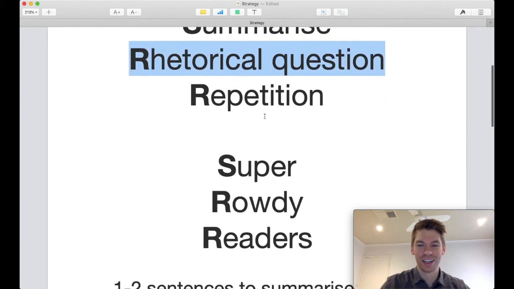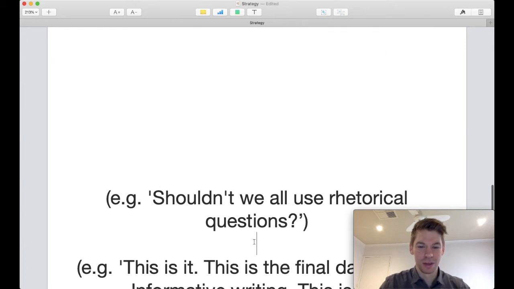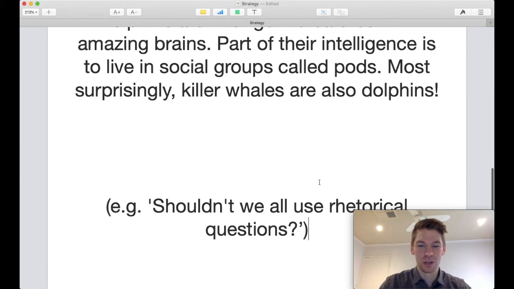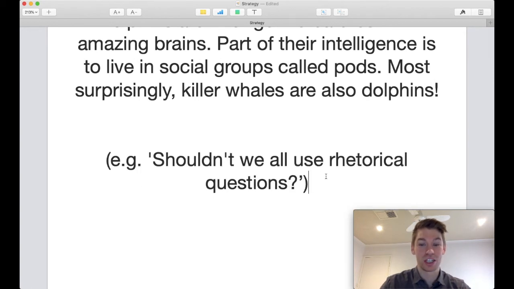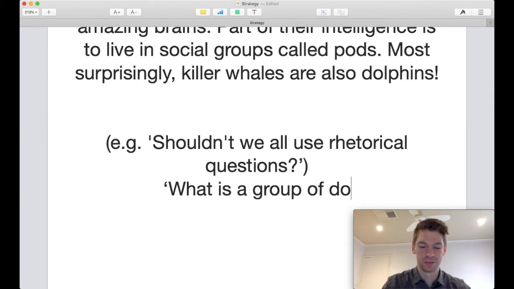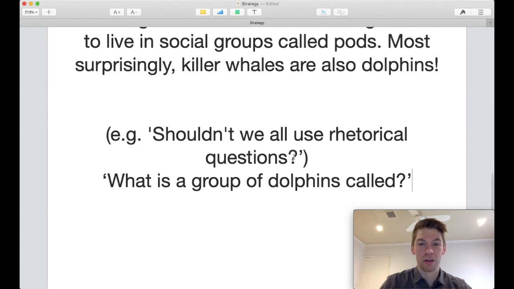Rhetorical question. Now this one's kind of funny to read because a lot of year 5s were using rhetorical questions just as questions. They would ask a question like, what is a group of dolphins called? But that is not actually a rhetorical question.